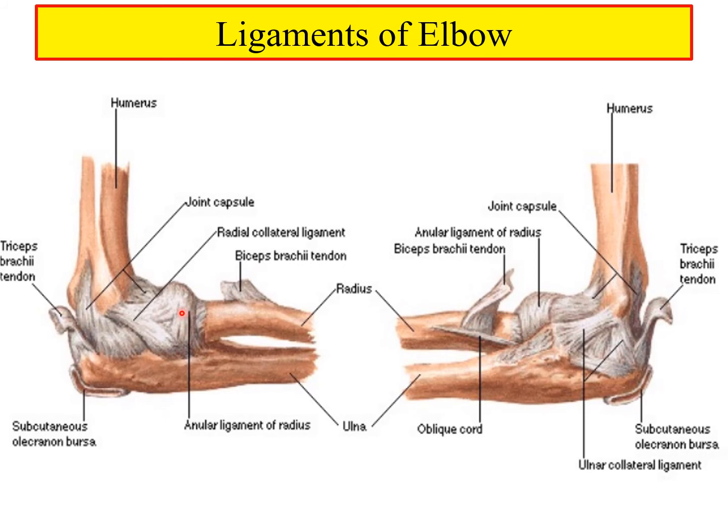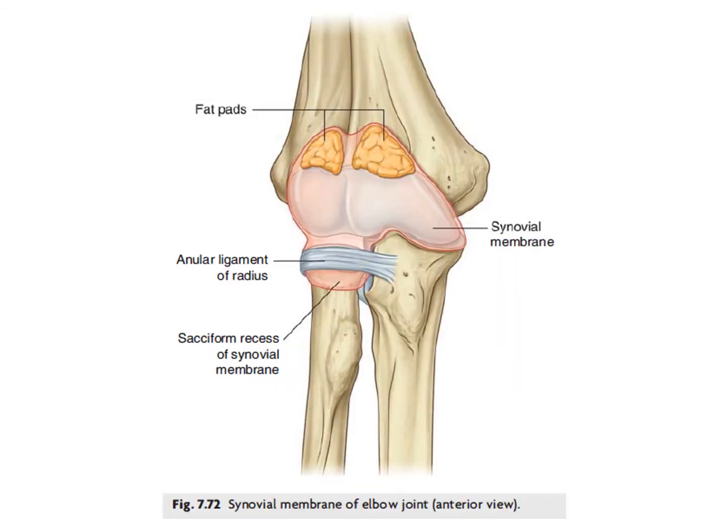See the same which I have shown you: annular ligament and radial collateral ligament, and this is annular ligament and ulnar collateral ligament. Now this diagram is actually showing the synovial membrane of the elbow joint as well as the superior radioulnar joint.